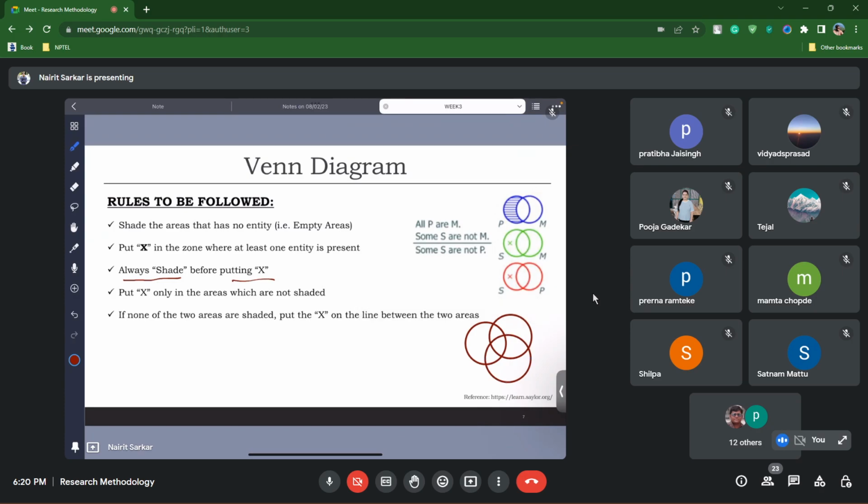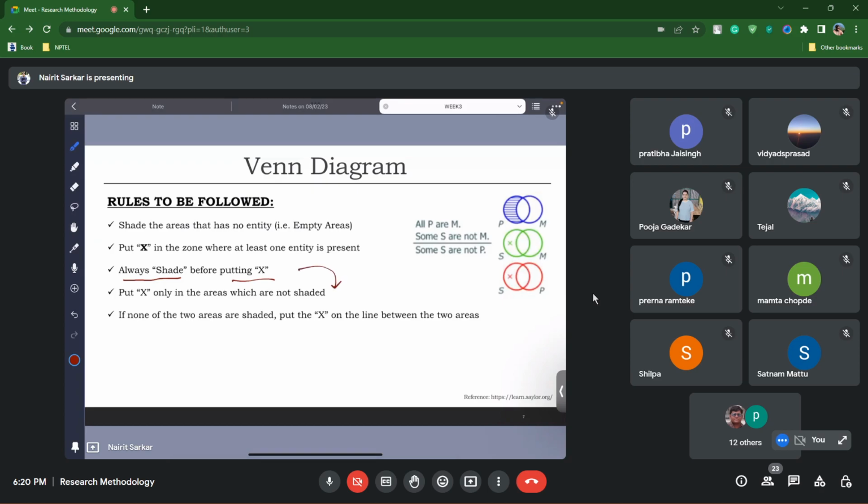If you are shading a region entirely, never put X there. Always put X in the empty areas. So always shade before putting X. Then put X only in the areas which are not shaded.